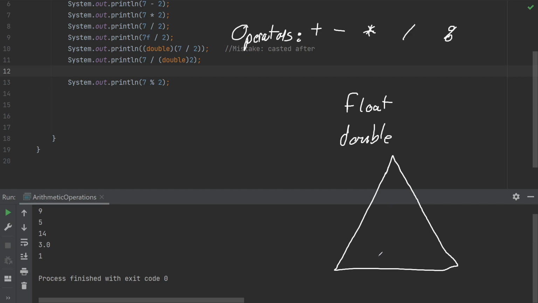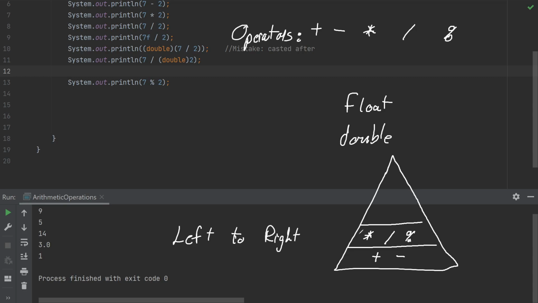And at the bottom of this, we're going to have our plus, minus. At the next level, we're going to have our multiplication, division, and modulus. Mind you, if they're at the same level, which one comes first? It's the rule of left to right. We're going to do an example soon.